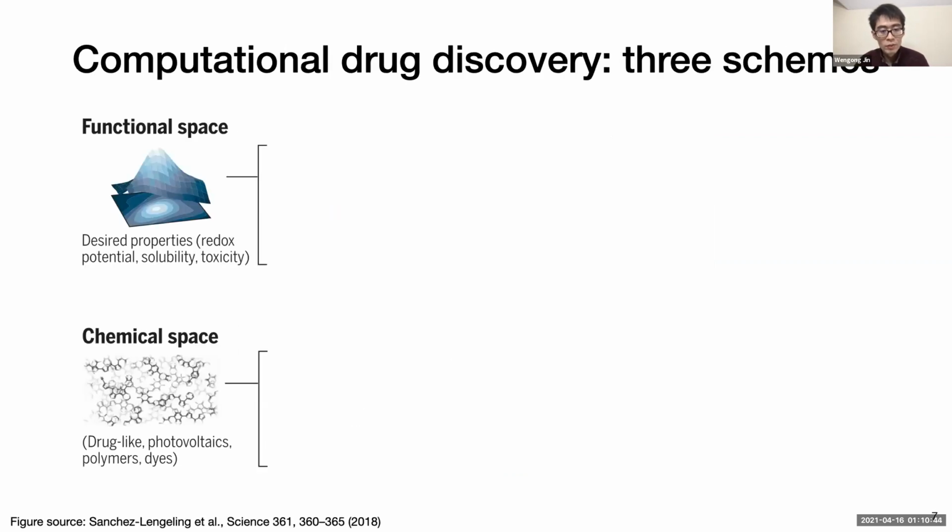The community has been looking for a lot of different kinds of solutions, all based on computation. Here there are two important concepts. One is the functional space: basically, what's the property of each compound? It's the mapping from compounds to functional properties, like toxicity, which is one classic property you don't want in your drugs.